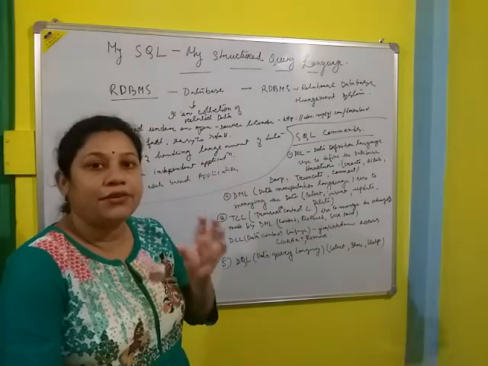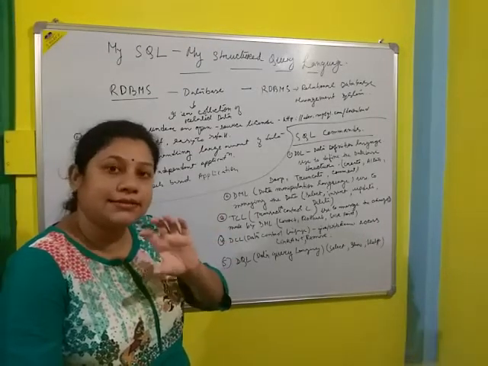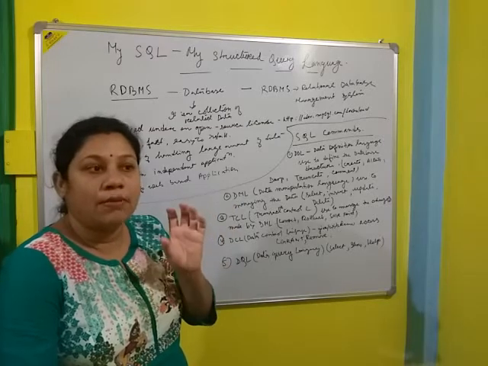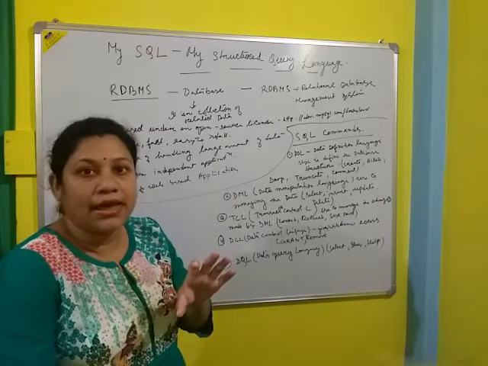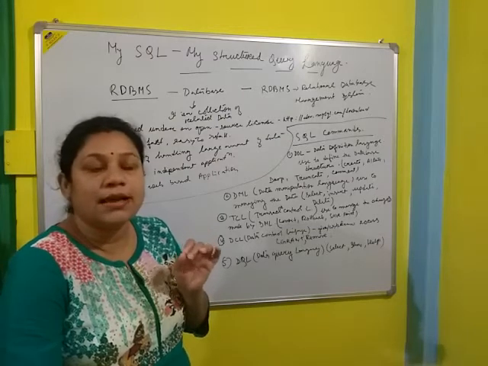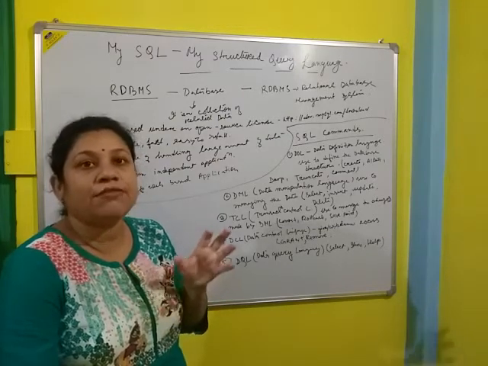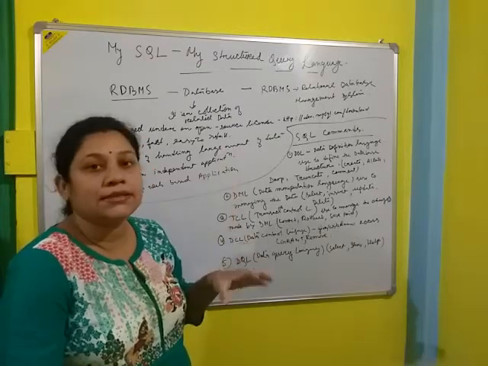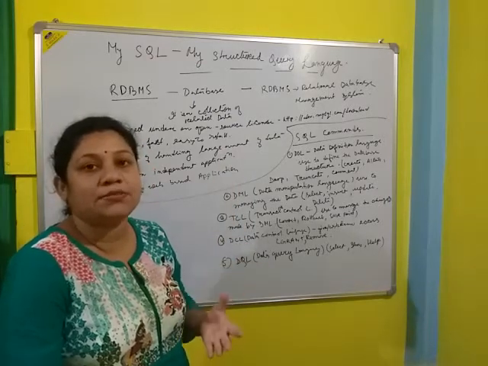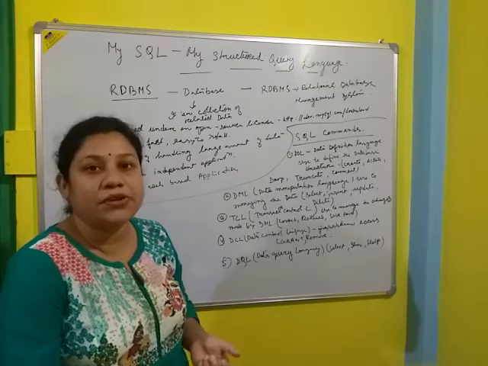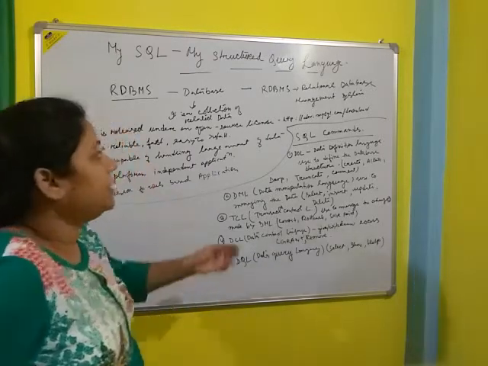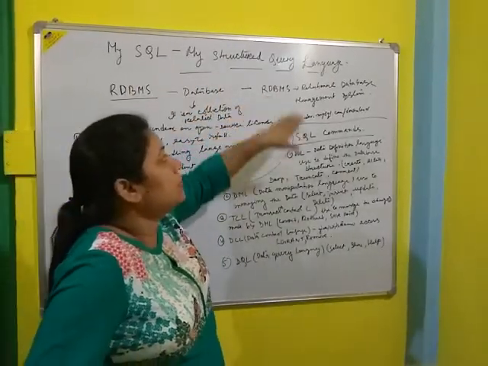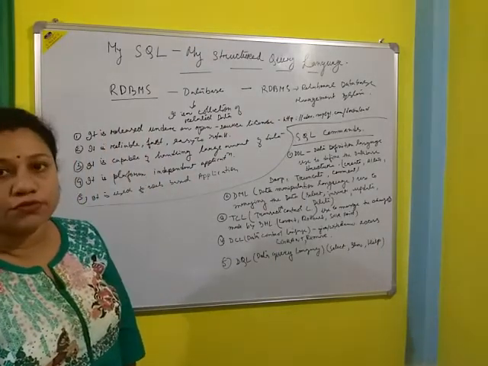After creating the separate files, it links the files by a common field. There are some common fields between the files, and using the common field, the RDBMS, that is Relational Database Management System, creates the link between them. So MySQL belongs to relational database management software.